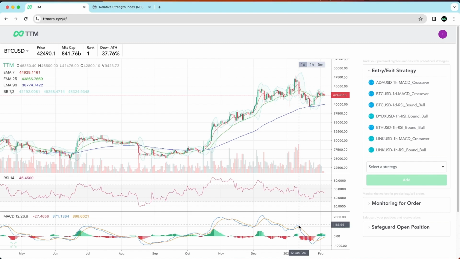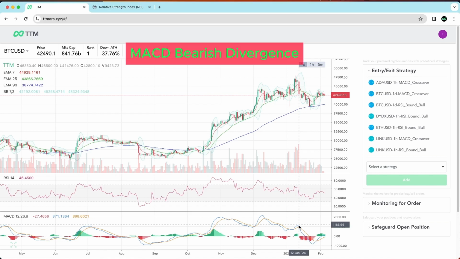On the Bitcoin price chart, you can see a typical bearish divergence. As you can see, during this period of time, the Bitcoin price continued to go up a little bit. So it has two highs in the price chart, this one in here and the other one in here. You can see this high is higher than the previous high.